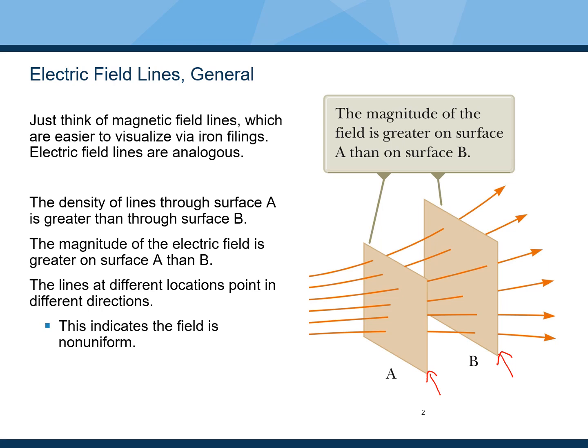The same field lines cross sheet A as cross sheet B. Therefore, you have a smaller area for sheet A than for sheet B. Therefore, the electric field at the location of sheet A is stronger than the electric field at the location of sheet B. So that's an interesting and important idea to reinforce.